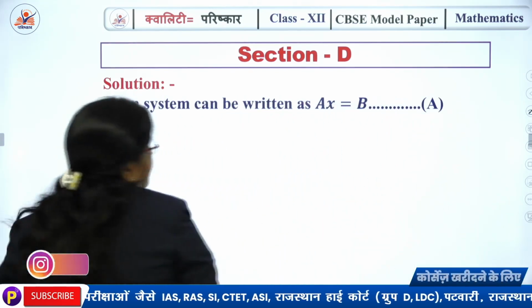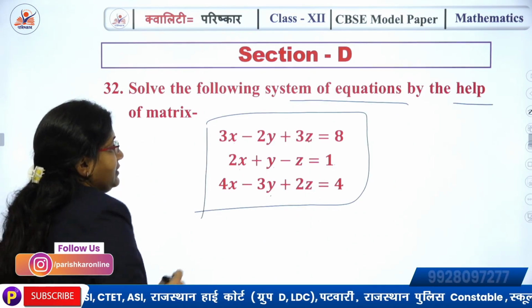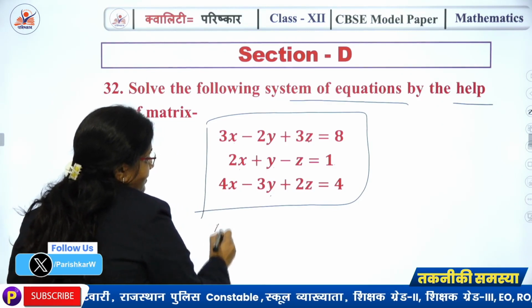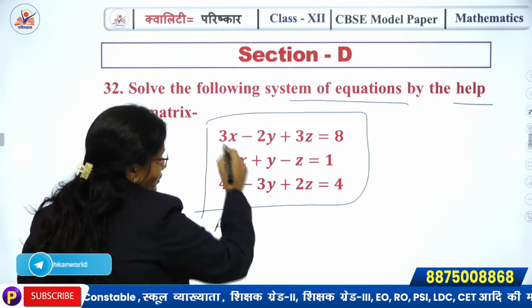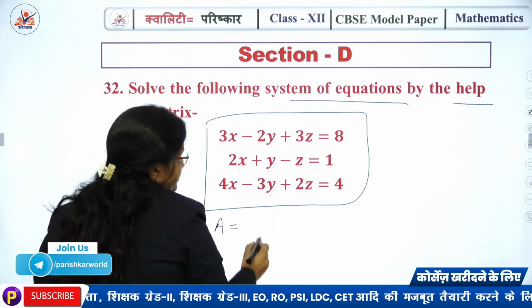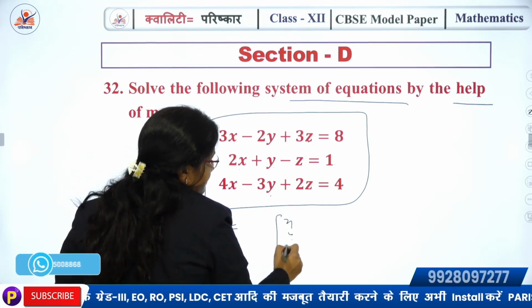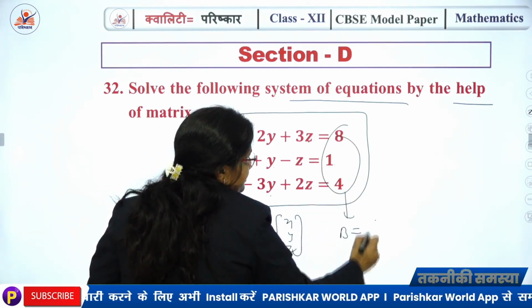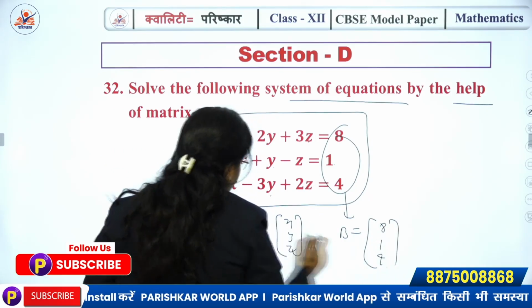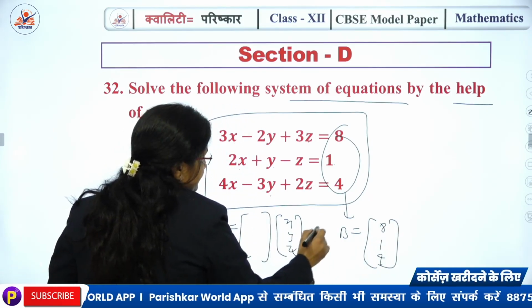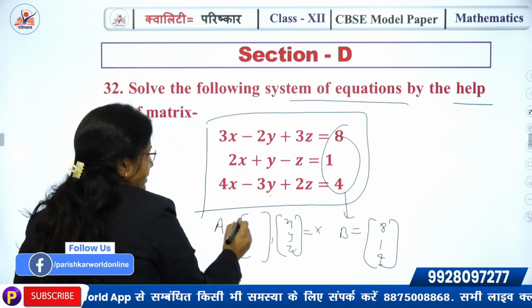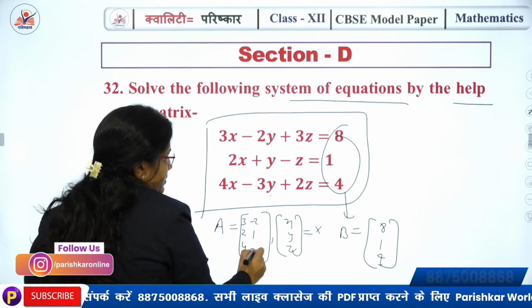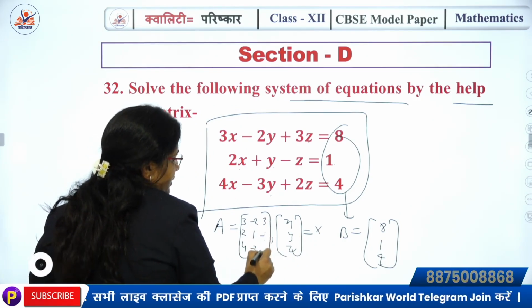Given system can be written as AX = B. Now student, you can see that if we take the coefficient matrix of these equations as A, next X as x, y, z, and the RHS can be written as the matrix B, that is 8, 1 and 4, and A is the coefficient matrix, that is 3, -2, 3; 2, 1, -1; 4, -3, 2.